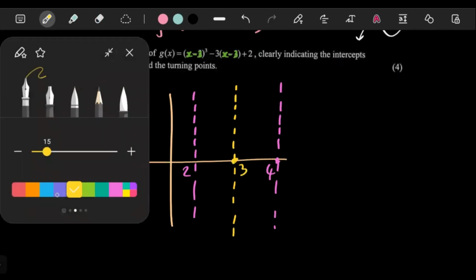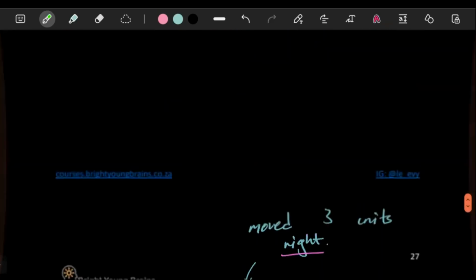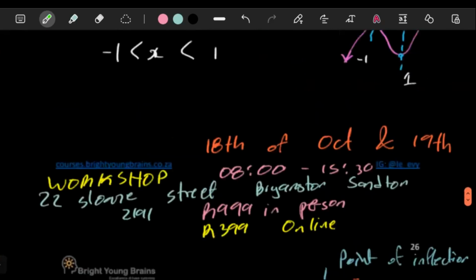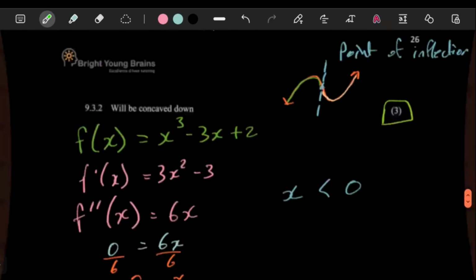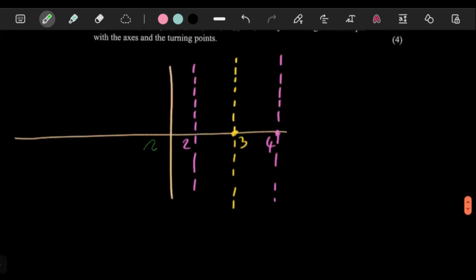In terms of x-intercepts, we said it had 2 x-intercepts, at -2 and 1. The one that was at -2, if it moves 3 to the right, is going to be at 1.